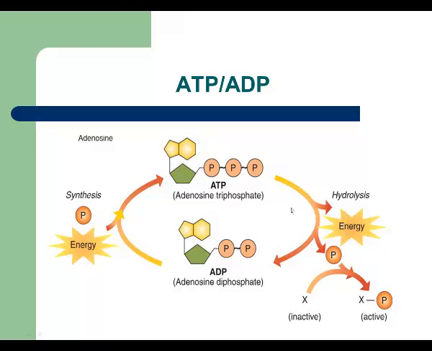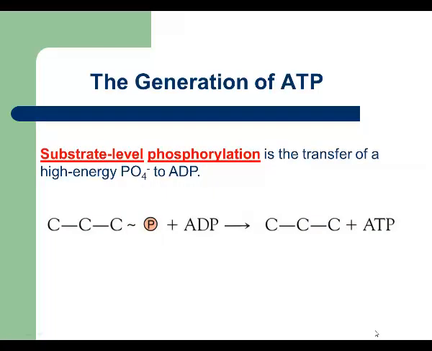The ATP molecule will lose its phosphate group and will be converted again into an ADP molecule, a low energy molecule. This is an example of an ADP phosphorylation reaction.